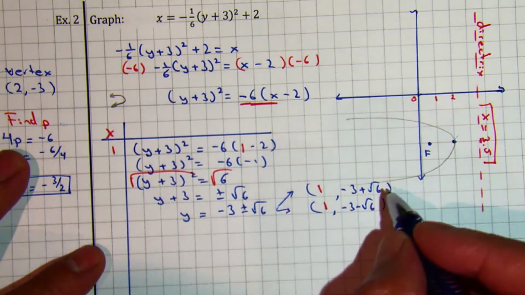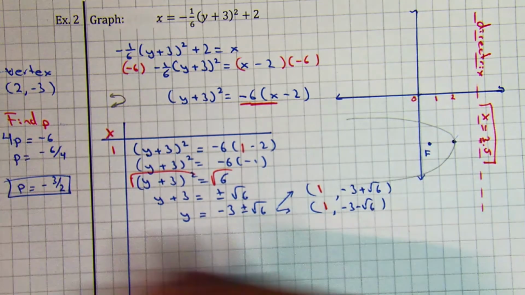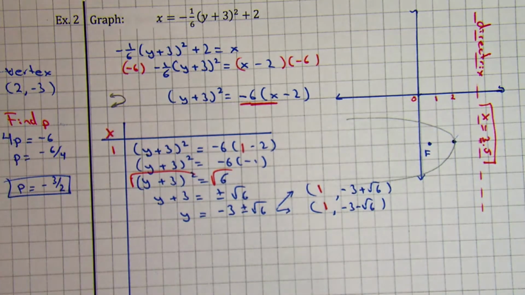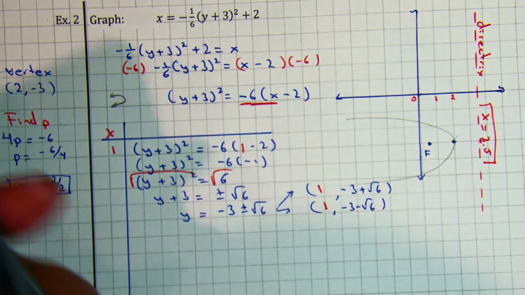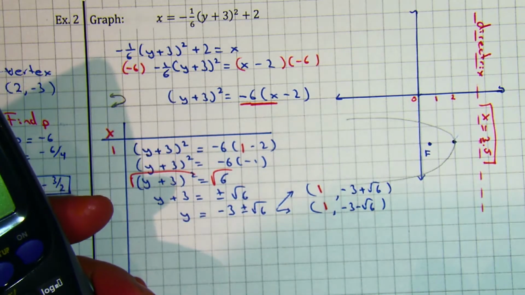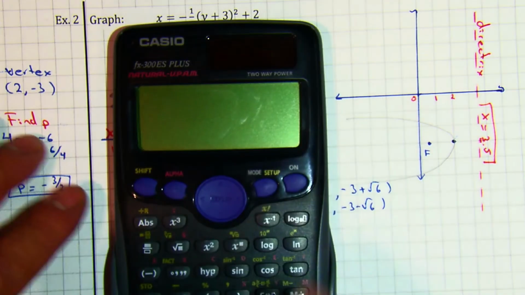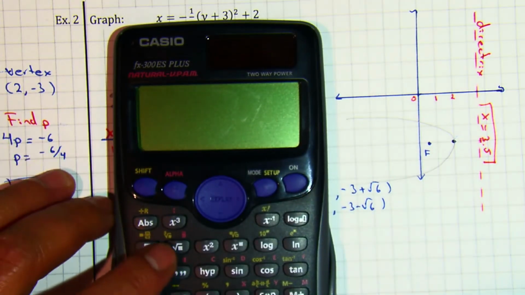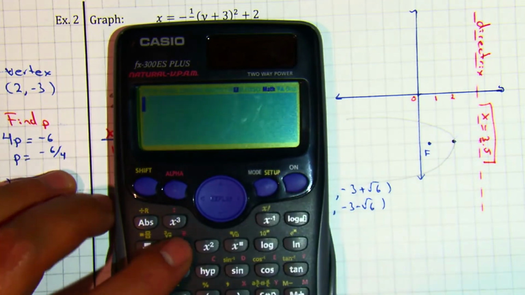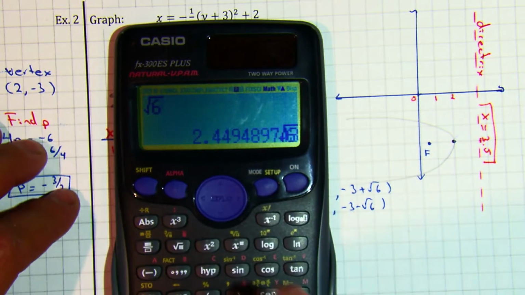And we can estimate the value of the square root of 6, or we can plug it into the calculator. In this case, let me plug it into the calculator. But if you don't have a calculator with you, you can say the square root of 6 is between the square root of 4 and the square root of 9, so about 2.4. The square root of 6 is 2.4.